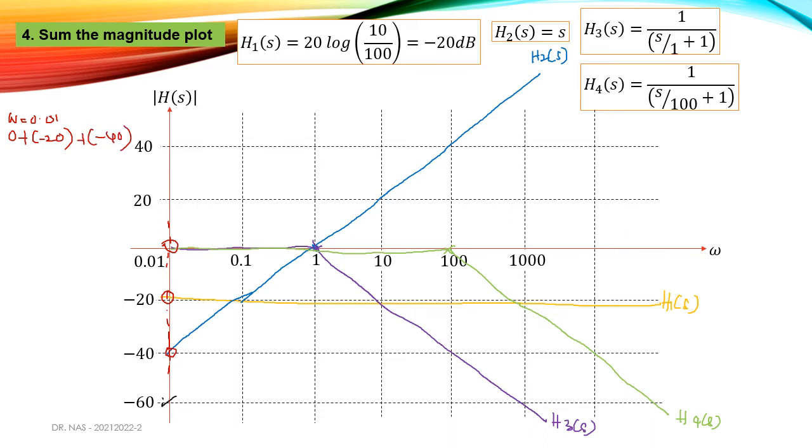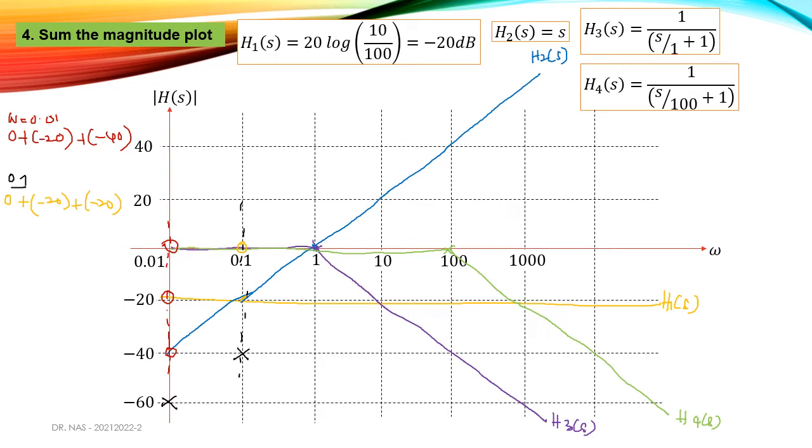So mark negative 60. And then at 0.1, you have 0, plus the blue line, the magnitude is negative 20, and then the yellow line is negative 20, so it is negative 40.